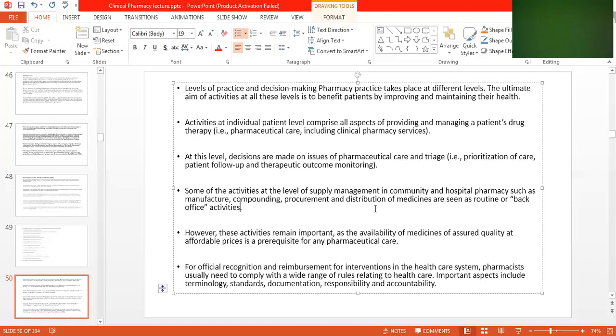If you go through the hospital pharmacy book by William Hassan, you will find certain standards of the pharmaceutical care you are providing to the patient. Documentation, how you maintain the file of a patient, record of the medicine, your responsibility, and your accountability, means check and balance of one pharmacist also. This is all important.